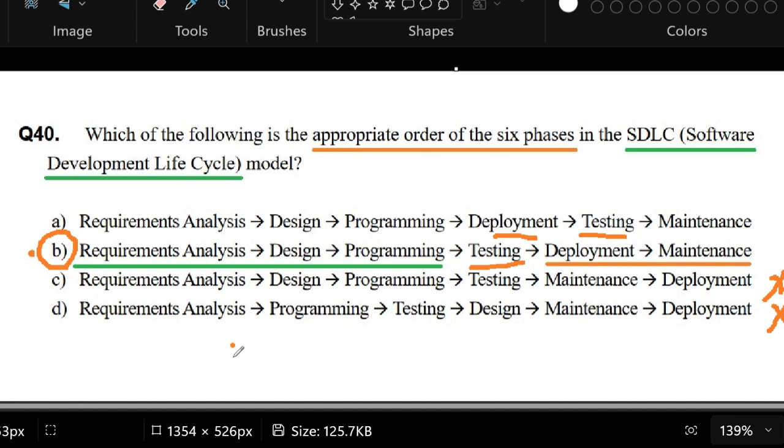I think that we should gather the requirements first, analyze what we need to do, design a plan, and then write the code, program it, afterwards test it, deploy it, and then maintain the software, right?